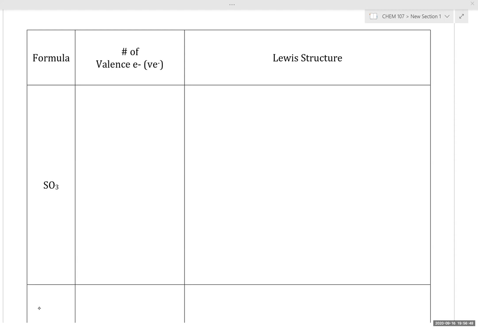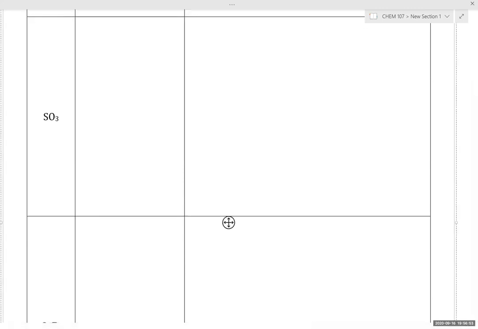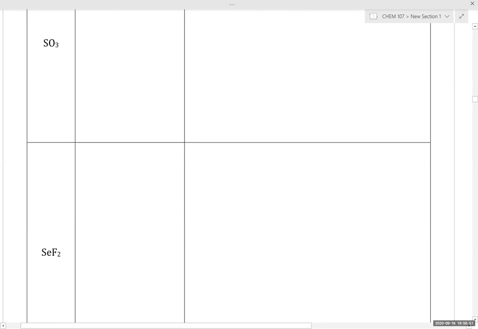So let's look at a few more examples. I'd like you to tackle and try and draw the Lewis structure for sulfate, SO3, and selenium difluoride.